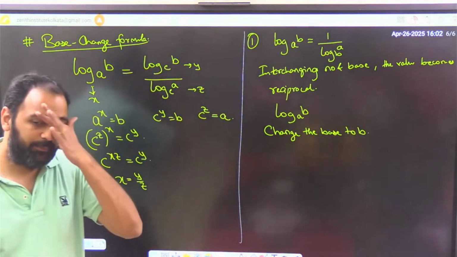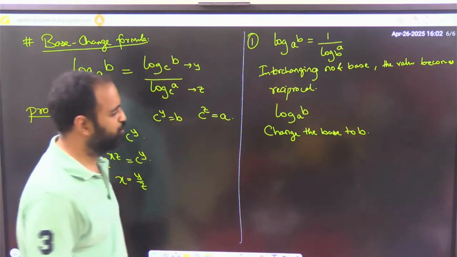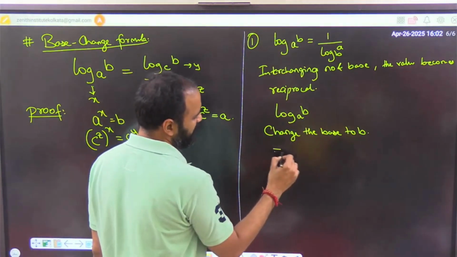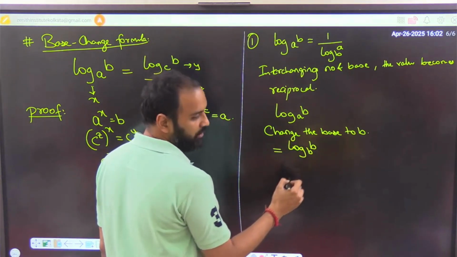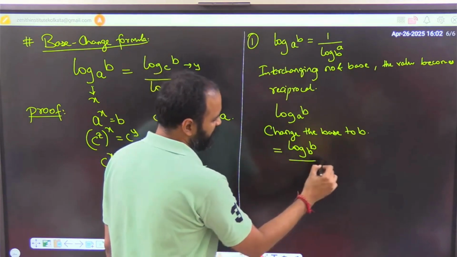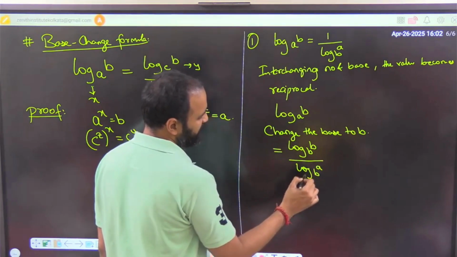We are changing the base to b. If we change the base to b, what will log of b to the base a end up becoming? Log of the number to the new base divided by log of the old base to the new base.